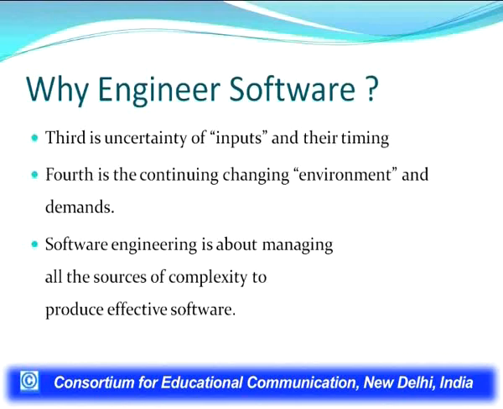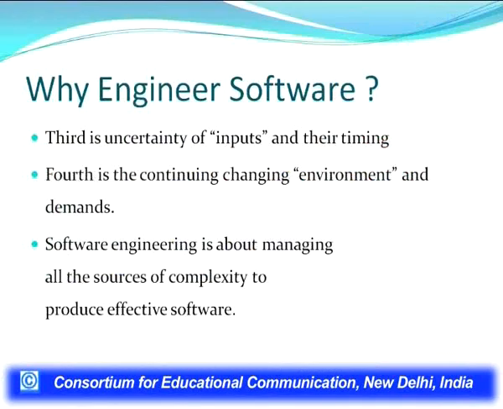Fourth is the continuing challenging environment and demands. In software engineering, a very important factor is how the changing computing environment and demands are going to be met. Software engineering is about managing all the sources of complexity to produce effective software.